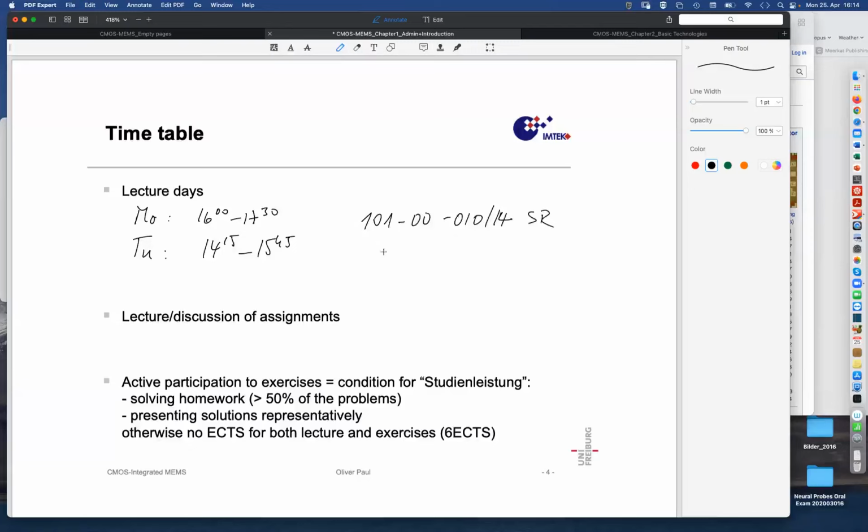And then tomorrow we have, if I remember well, 051-00-031 seminar room. I hope that agrees with what you have extracted from HISinOne. Is that correct? I sometimes get confused by 51, this building, or 52, the one next door. You knew where to come today, so where would you have gone tomorrow?